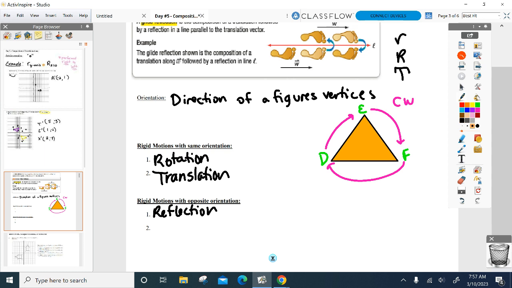Or did you just look on my paper? My notes here? Yeah. And there's one more. What did we just talk about outside? Glide reflection. Why would a glide reflection change the order? Because you still have to do what? Great. Yes. You still have to reflect. So a glide reflection would also have opposite orientation.